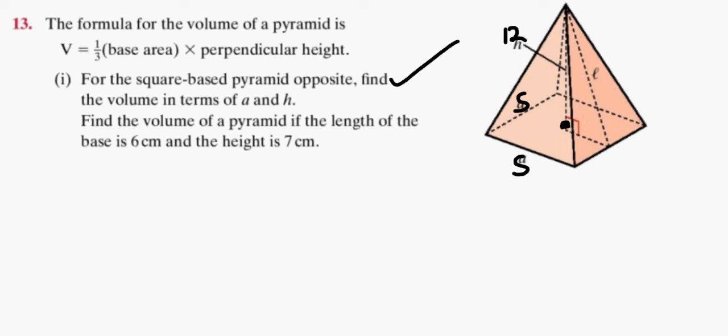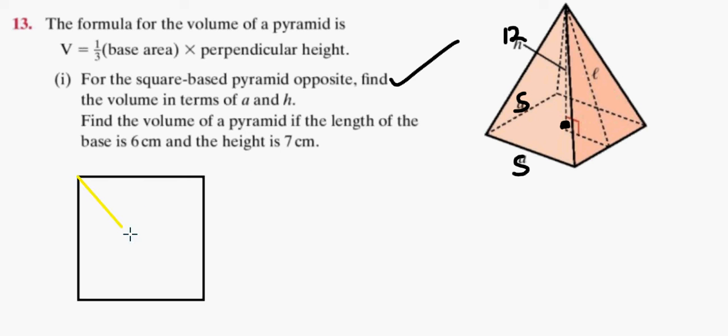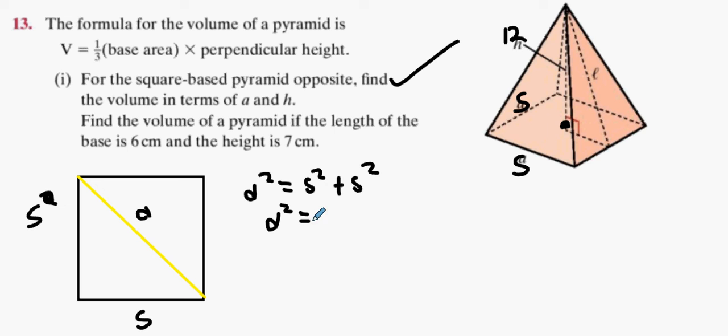Everybody remember how to start this off? What do you do? So what's 5 squared plus 5 squared? 25, isn't it? So d squared equals 5 squared plus 5 squared. D squared equals 50.